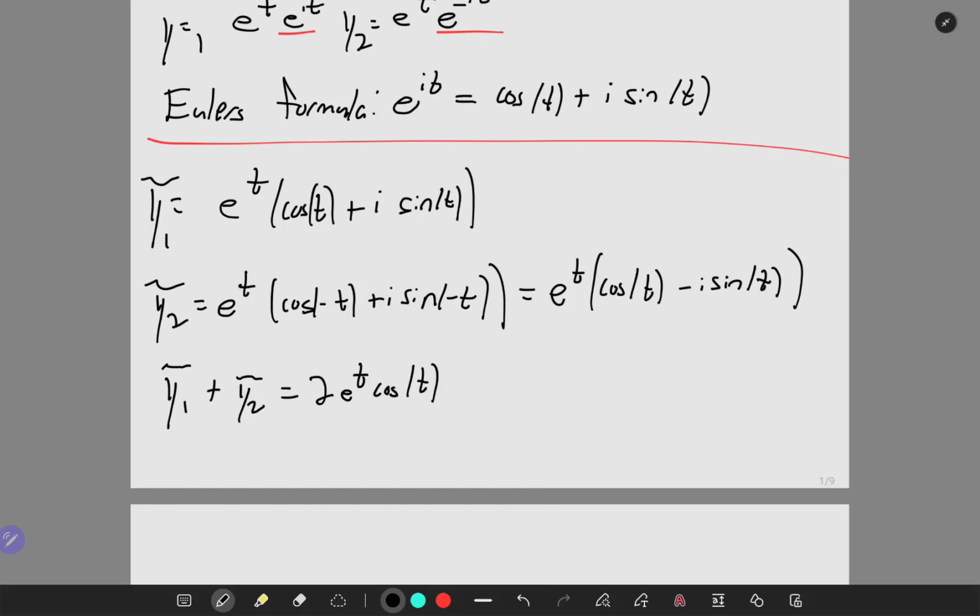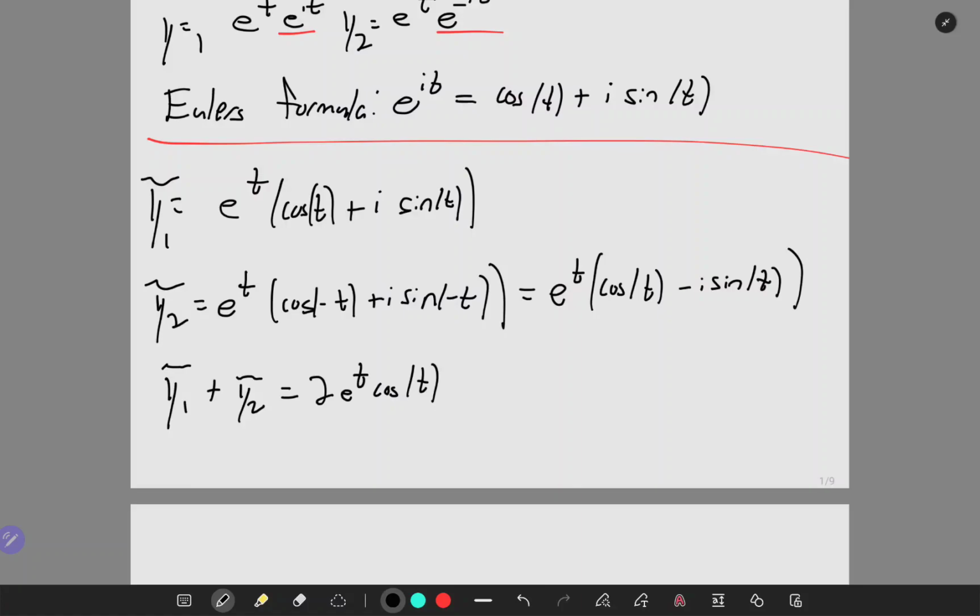I think that might be it. I believe those signs are going to cancel, I think. By the looks of it, that's exactly what's going to happen. Okay, so now we have y1 plus y2, but now what if we change the sign on just one of them?